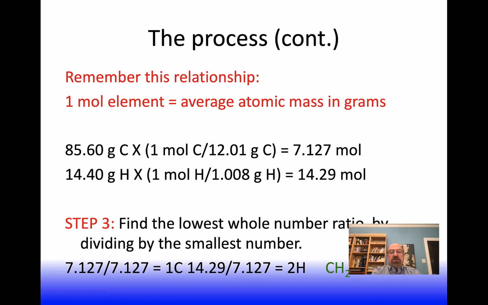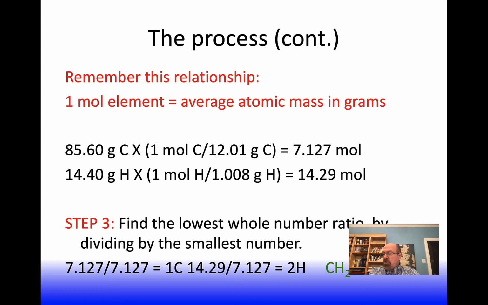If we divide 14.29 by 7.127, it equals 2. And you will notice that for every 1 mole of carbon in the formula, there are 2 moles of hydrogen in the formula. So the empirical formula, the lowest whole number ratio for this particular compound, is CH2.